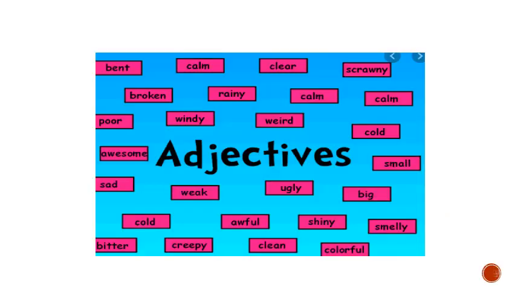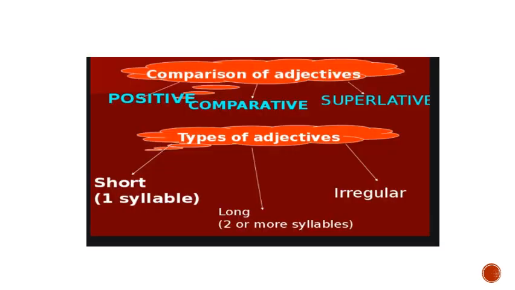Here are some adjectives. For example, windy, cold, small, big, ugly, shiny, colorful, dangerous, interesting, boring, etc. So there are different types or different kinds of adjectives in English. Today's lesson is about the comparison of adjectives.